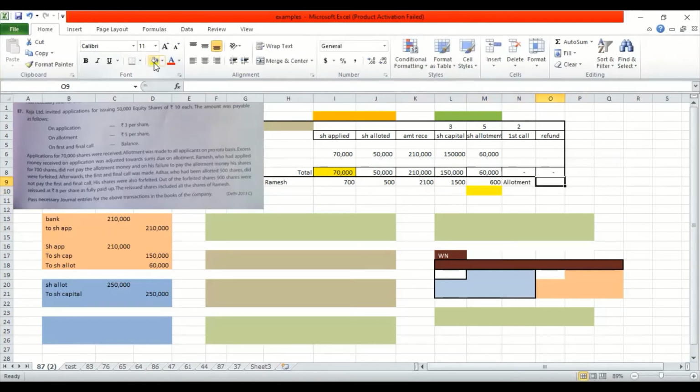What is the amount you asked from Ramesh? 500 into 5, that is 2500. What is the excess amount you got? That is 600. So if he is a defaulter, what is the call in arrears? 1900. This becomes very easy to understand when the table is in front of you.